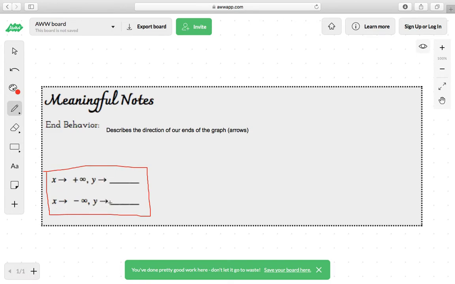And then the second line is the left side of the graph, and the arrow can either go up or down. And I know it's the left side because x approaches negative infinity, and all of the negative x values are on the left side of the graph. So we're going to go ahead and label that. So this right here is the right side, and the second line is the left side.